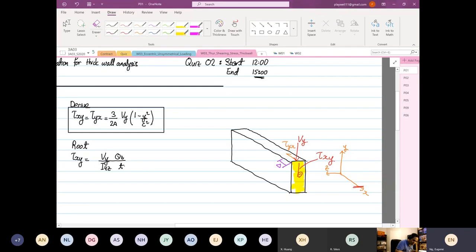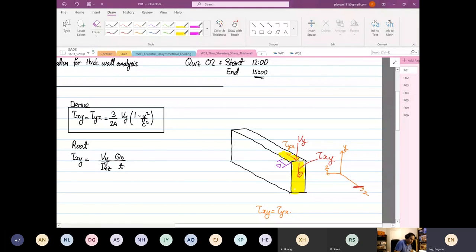So you're not just calculating the shear for the yellow shaded face; it's in fact transmitted to this surface also. That's why we are calculating the shearing stress. Does that make sense? No doubt we are calculating on this face, but it's also transmitted to the perpendicular surface.